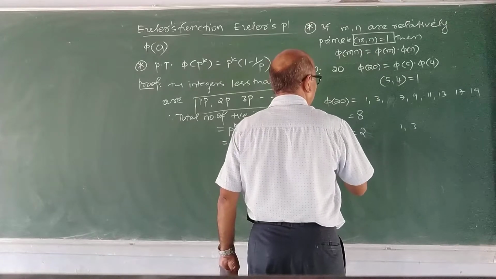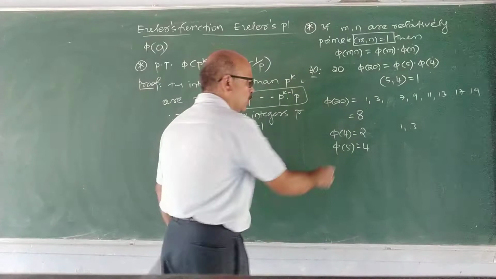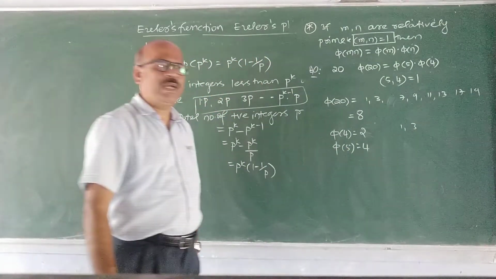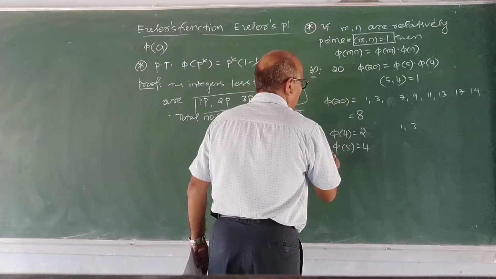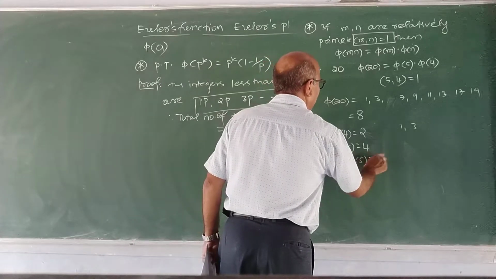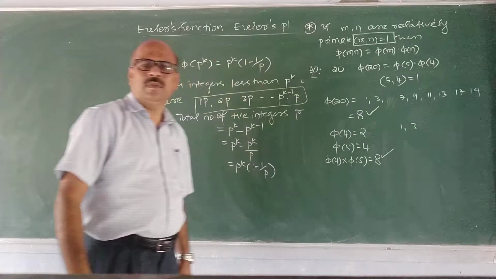What is phi of 5? Phi of 5 is 4, because 5 is a prime number. Phi of 5 is 5 minus 1. Therefore, phi of 4 into phi of 5 is 8. So the result is verified.